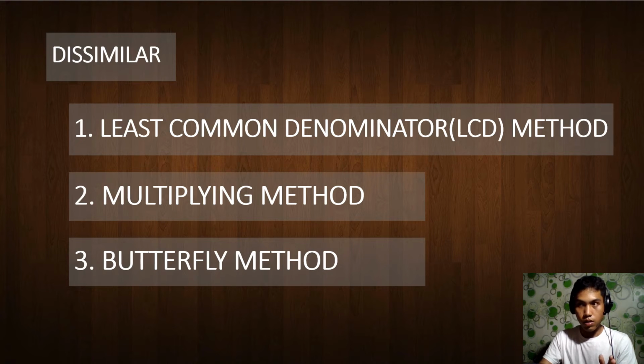The goal here is to find a fraction that will result in the uniformity of their denominators. The third one is the butterfly method. It is called butterfly because of the shape it creates when you solve the fractions.